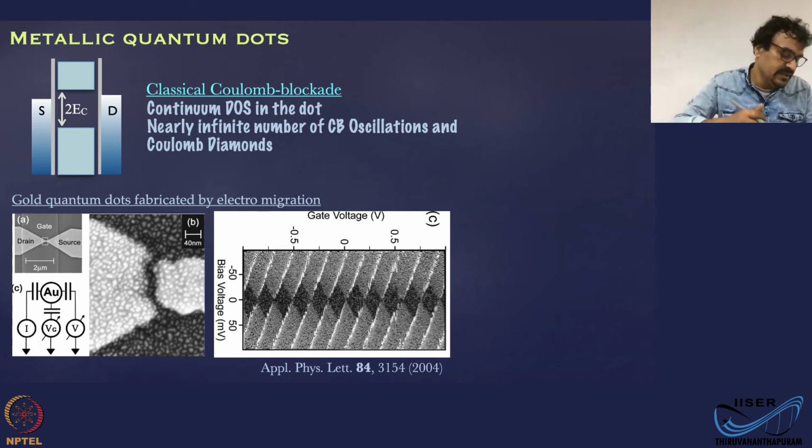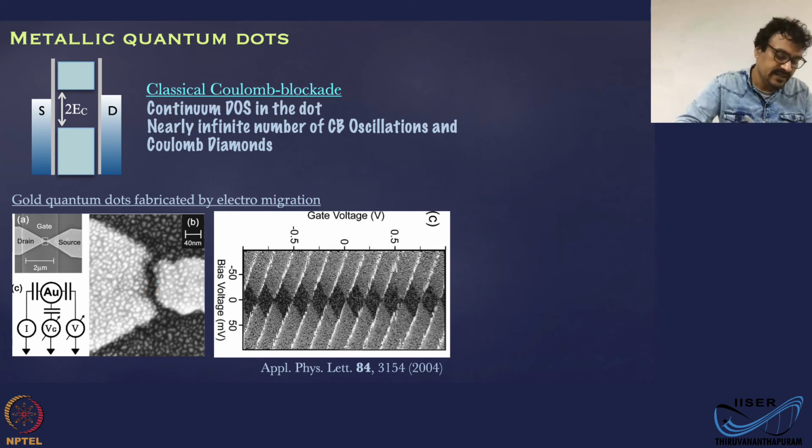Now, in this experiment, what they have done is they have trapped a small metallic nanoparticle, gold, by the electromigration technique. The equivalent circuit is here. They measured the Coulomb diamond.